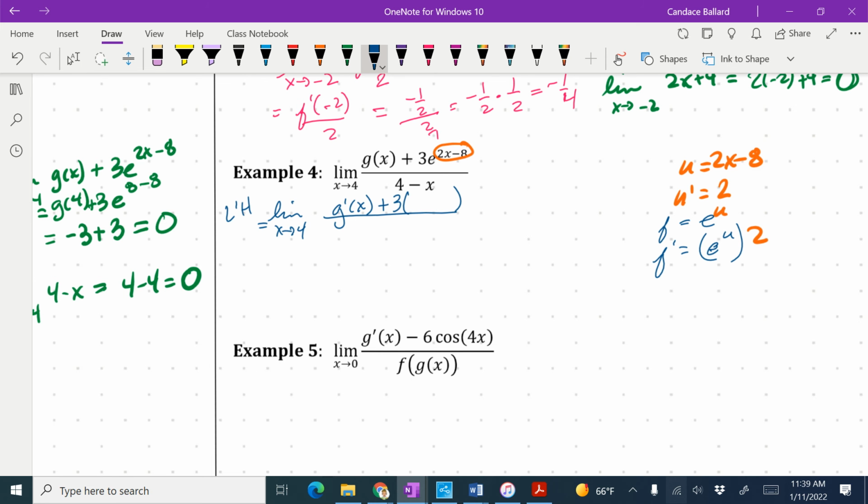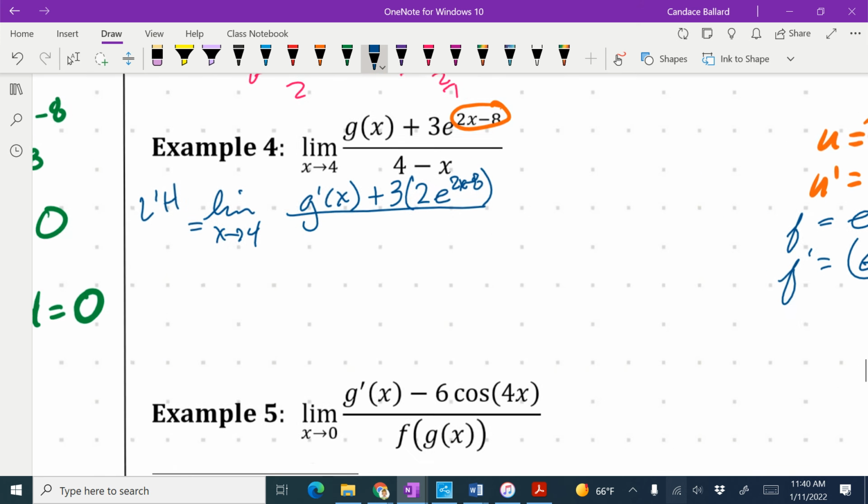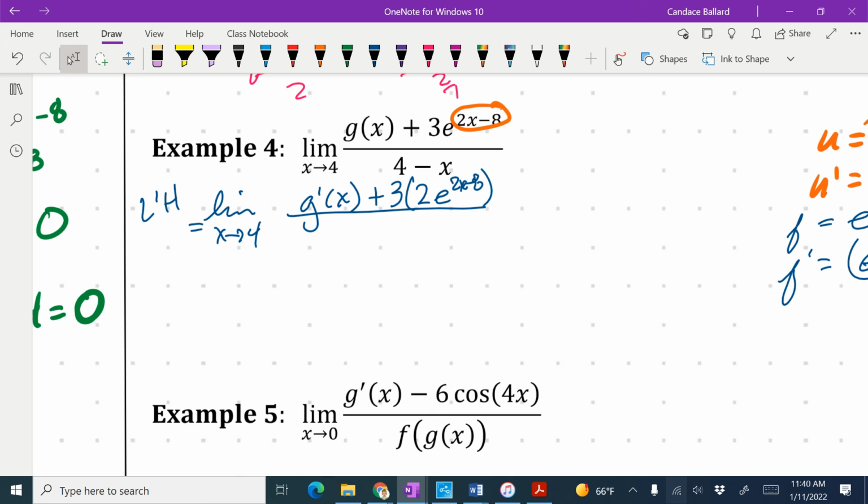So trying to work smart and not too hard. I'm going to go 2e, and instead of writing u, I'm going to write 2x minus 8. All right, 4 minus x, what's that derivative? -1, and yay, no 0 in the denominator, so it looks good for direct substitution.